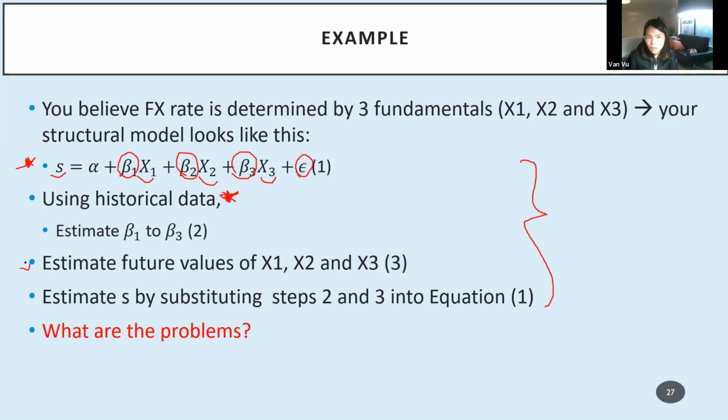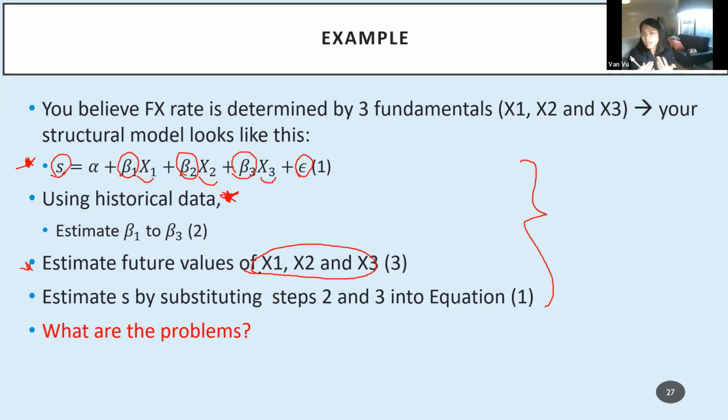Number 3, to estimate S, I need to first estimate the values for X1, X2, and X3, okay? In some cases, it's easier to predict a future macroeconomic condition, but in other cases, it's very hard to do so, okay? For example, if you think about estimating the future cash rates, the future risk-free rate is relatively stable, so it's easy to forecast.